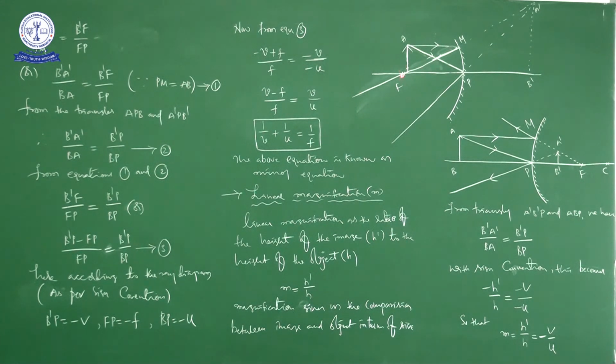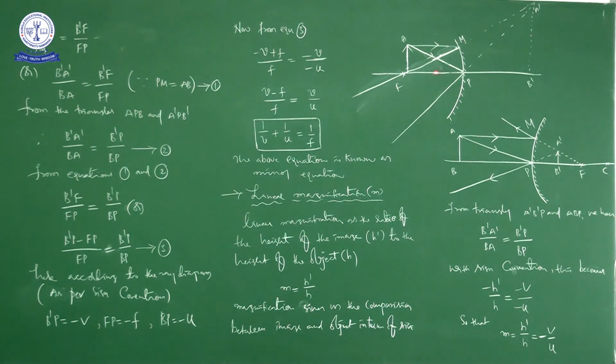So here it is A and here B, so AB is the object. Two rays are going. One point I want to say here: in any ray diagram we take either 2 or 3 or 4 rays, but actually the rays are not 2, 3, or 4, the rays are hundreds, thousands.